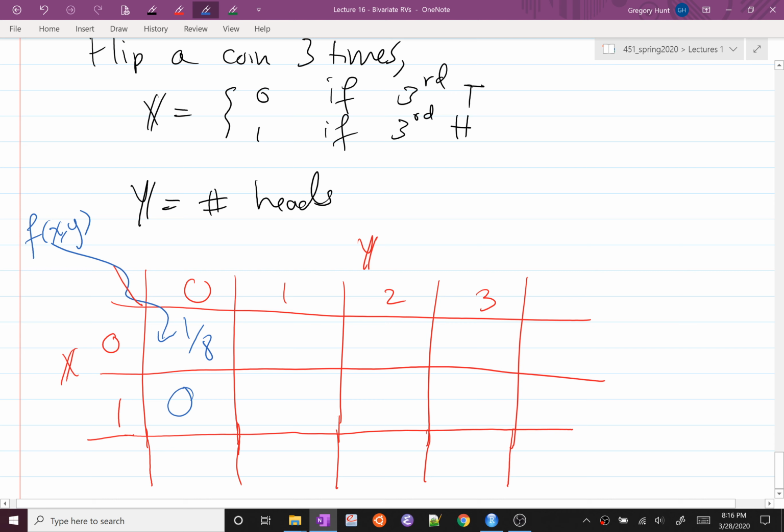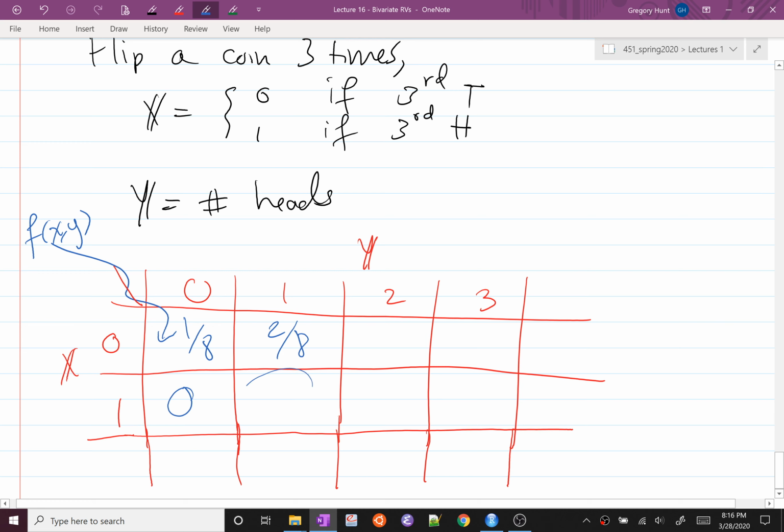Well, that could be 2 of the 8 possibilities. So that will give us 2/8. If one head, it could either be head, tails, tails, or tails, heads, tails. But it can't be tails, tails, heads, because we know the third is a tails. So there are 2 out of the possible 8 flips there.